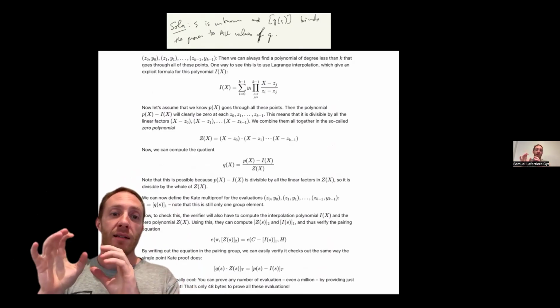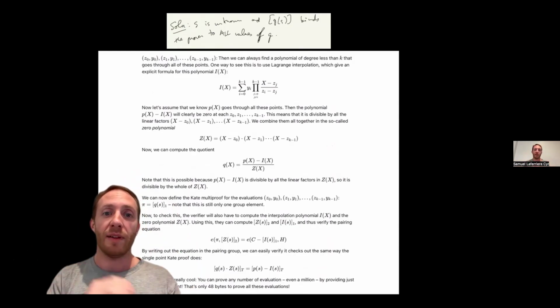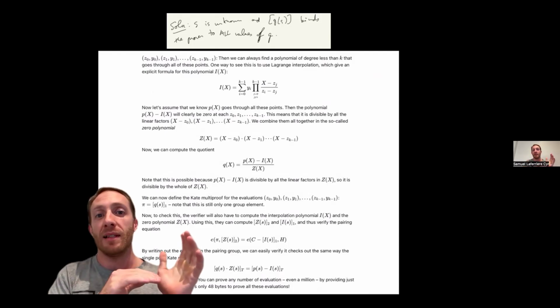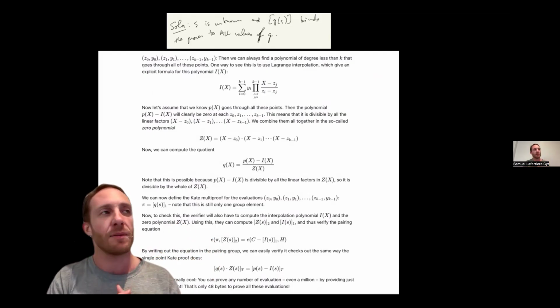That means I can divide the polynomial by the linear factor, and that gives me a degree d minus 1 polynomial q, which I can evaluate at s, and that gives me the embedding.